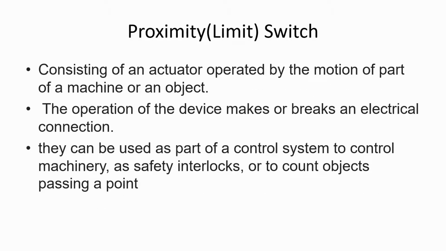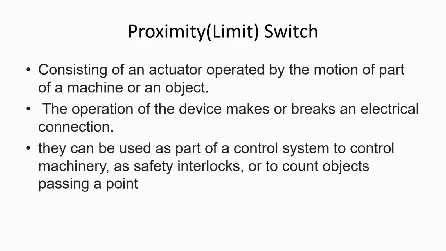Next is the proximity switch. These switches consist of an actuator operated by the motion of part of a machine or an object. So they are activated by means of a motion of a part of a machine or an object inside a machine.